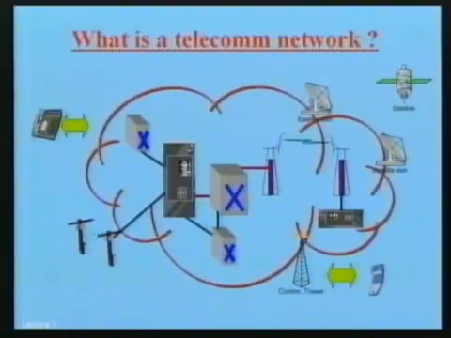Then basically, we said that except for the terminal, which is very important and connects us to the network, the backbone of the network basically consists of switches or routers, which are connecting point-to-point links. And there is a variety of links and a variety of switches.